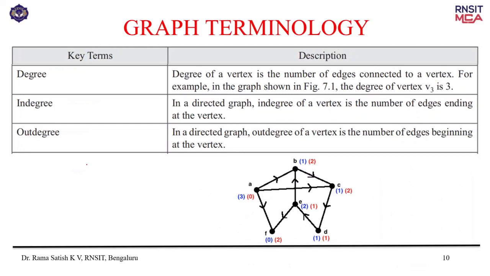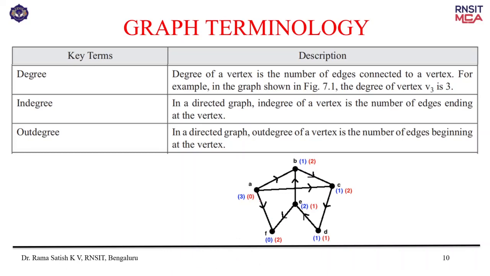Next, when we talk about further terminologies, degree. Degree is nothing but the number of edges that are connected to a vertex. Suppose here, if you look at this particular F, there are 2 degrees. 1, 2.